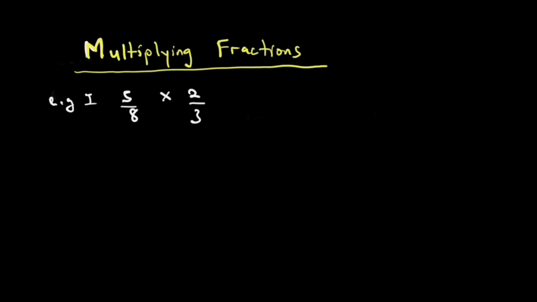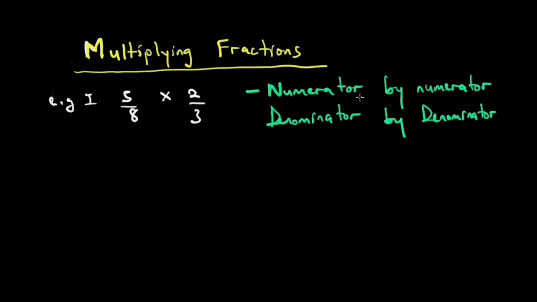The most traditional, most literal way of working through this is numerator by numerator, denominator by denominator. The numbers on top, the numerators, multiply each other, and the numbers at the bottom, the denominators, also multiply each other. So 5 times 2 is 10 over 8 times 3 is 24.